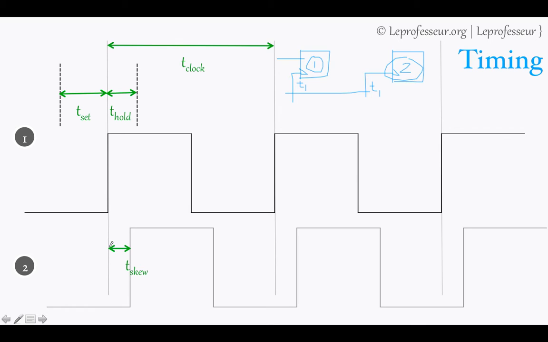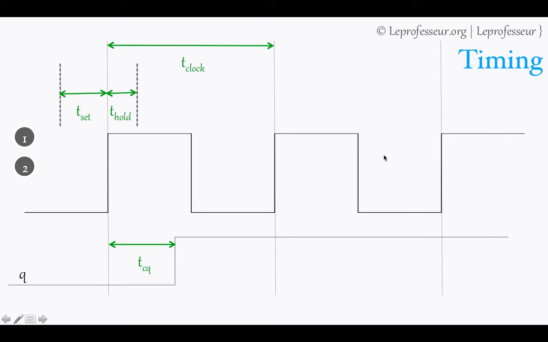That's why we define this parameter, called the skew parameter, and it comes from manufacturing defects: the clock doesn't arrive at the second flop at the time we expect, but at some other time, say T1 tick. So that's the basic difference between skew and jitter.